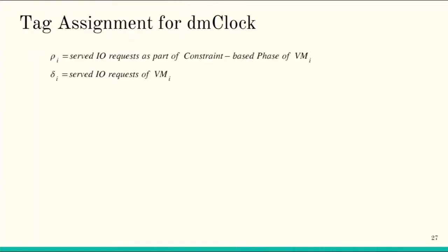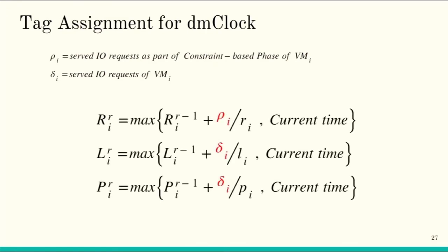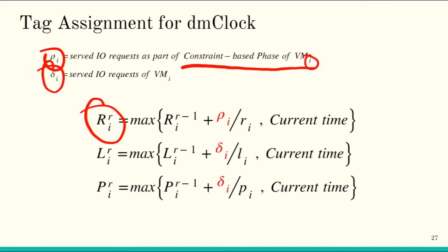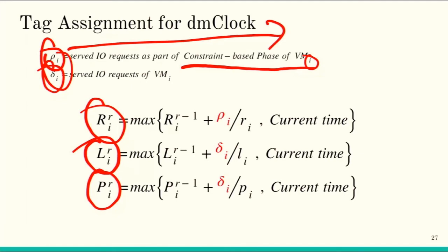We can go to the next slide. So rho here corresponds to the served, finished, or completed IO requests in the reservation phase, or we call it the constraint based phase, of VMi. And delta i corresponds to all the IO requests completed for the limit and proportion tags, and this value is counted from the previous request to the current request.